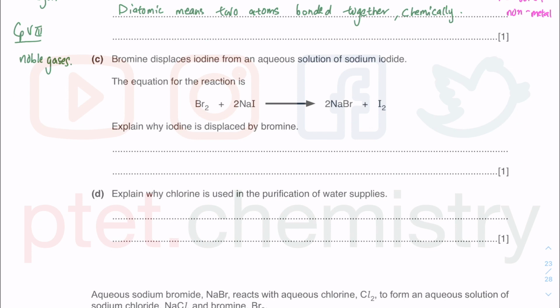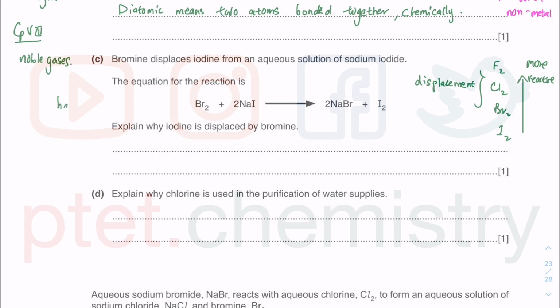Part C, this is a type of reaction called displacement. So in terms of displacement, we think about F2, Cl2, Br2, and I2. We say that reactivity increases going up that group. So the more reactive you are, you can displace the less reactive halogen from the halide.